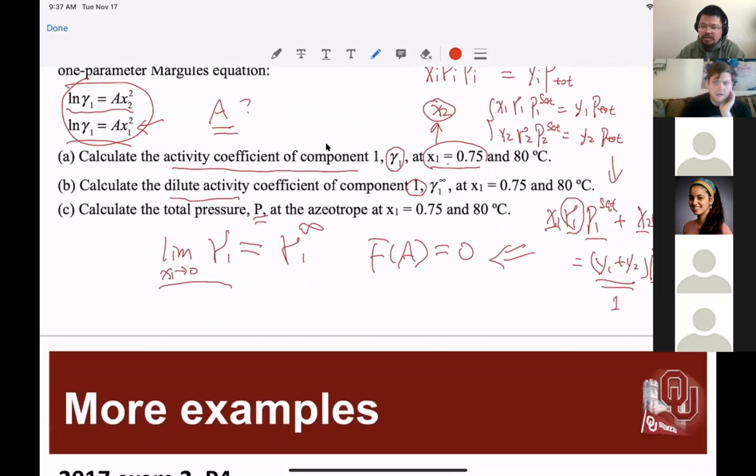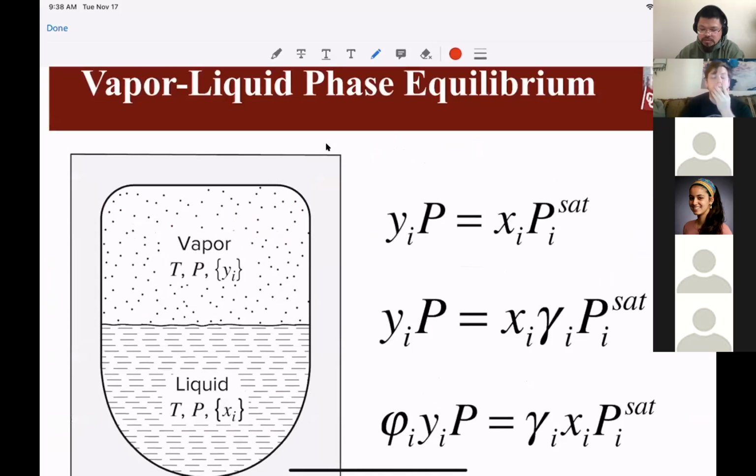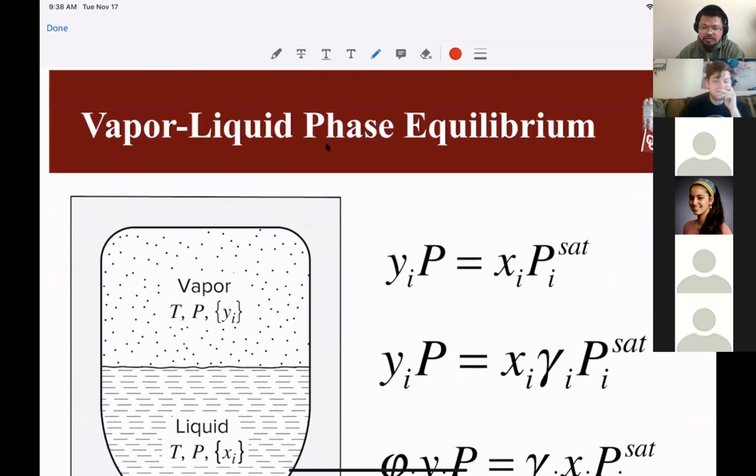Then the other is we try to look at the limits, pushing x1 goes to 0, and pushing x1 goes to 1, where we have the dilute coefficient, or the pure property of the component. All right. So that's the three examples I want to quickly revisit.